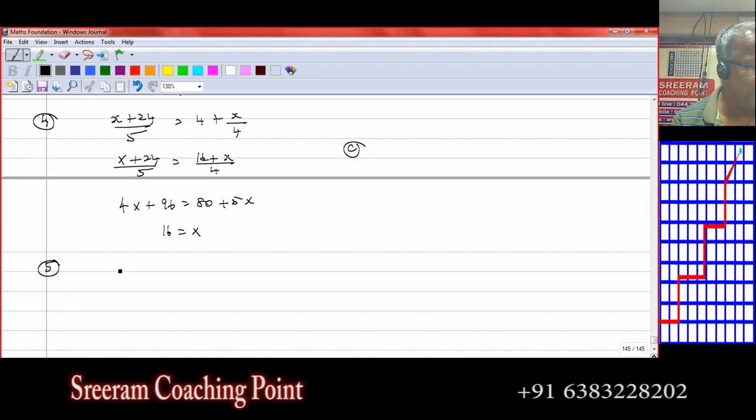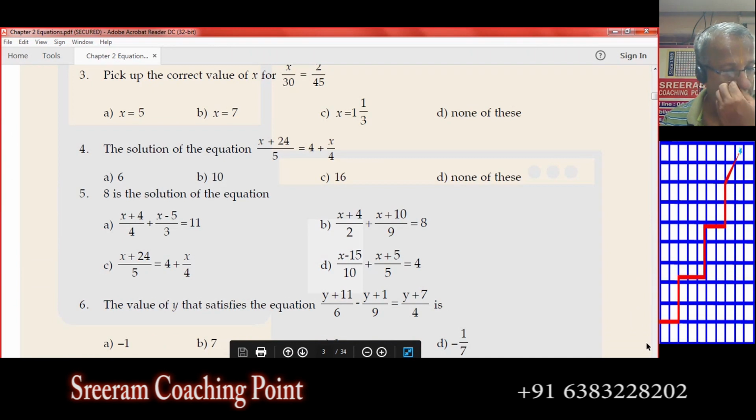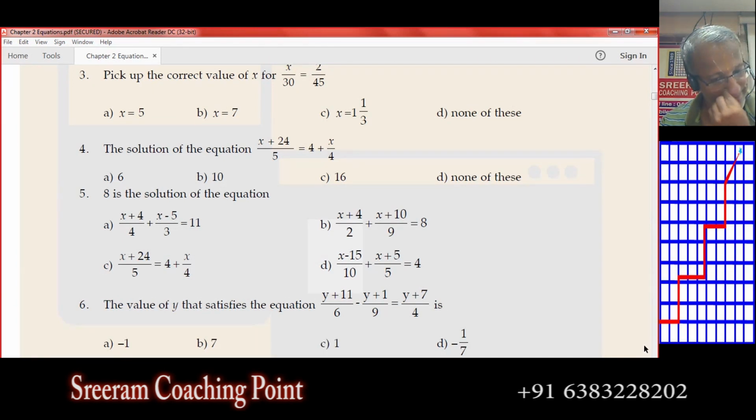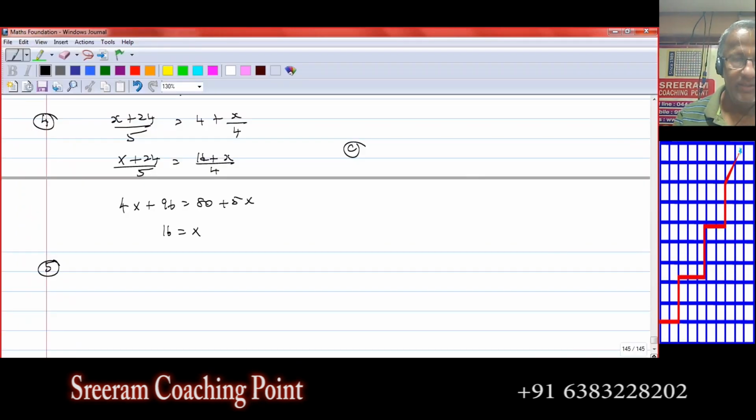The 8 is a solution of this particular equation. This is a little different question. See, how to solve this problem is that I will substitute 8 in the place of x and check up.